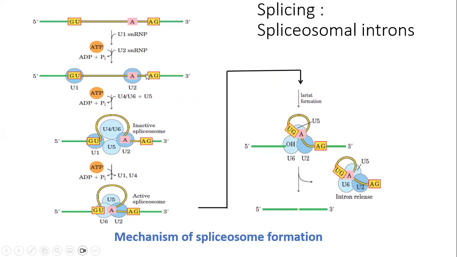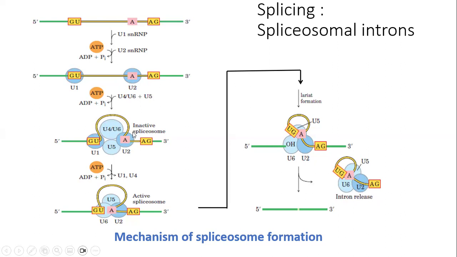During the splicing mechanism, we first have entry of the U1 snRNPs and U2 snRNPs, which will bind at the 5' splice site and at the internal intron sequence respectively in the presence of ATP molecules. The 2' hydroxyl group of the adenine residue will make the nucleophilic attack at the 5' splice site. The rest of the snRNPs play a role by bringing the adenine residue in close proximity.